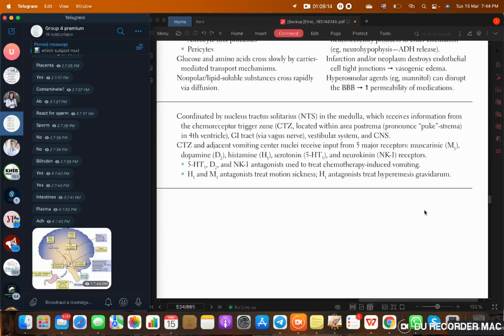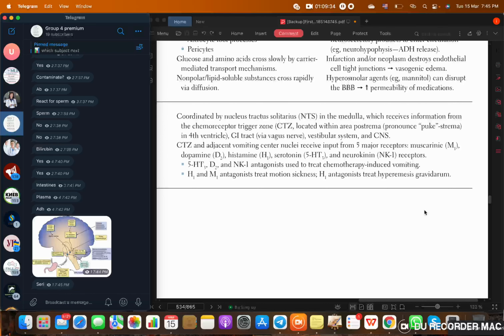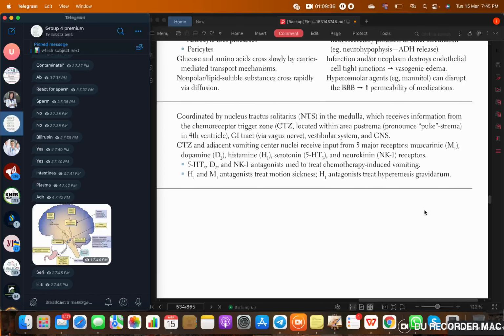The CTZ and adjacent vomiting center nuclei receive input from five major receptors, including muscarinic M1, dopamine, histamine, serotonin, and neurokinin. Which of them is the most important during chemotherapy?